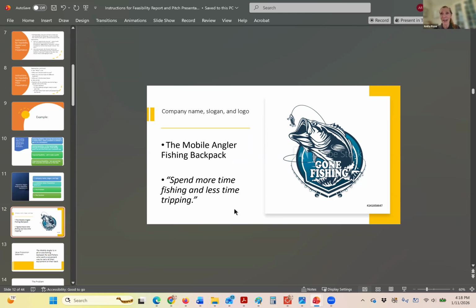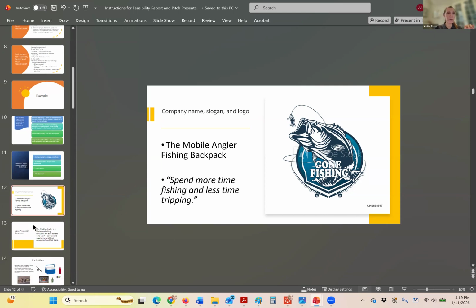You'll understand why we use the word tripping here when I go into the problem more. So this is a solution to the tripping problem. And then here is a very nice logo that you can generate online. This was an open source image, so you want to be sure that you use open source images that you can use at no cost.